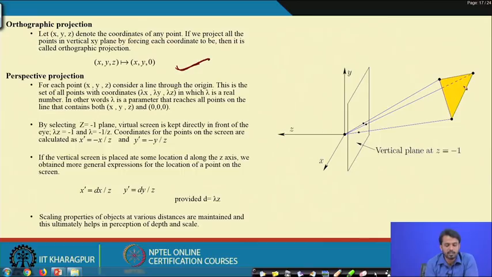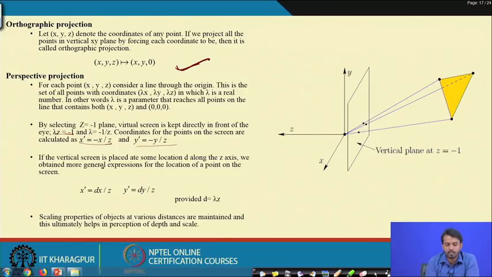By selecting z = -1, that is the plane's equation is z = -1, the virtual screen is kept directly in front of the eye. Then lambda z = -1, so lambda = -1/z. Similarly, you can calculate the coordinates for the other points on the screen: x' = -x/z and y' = -y/z.